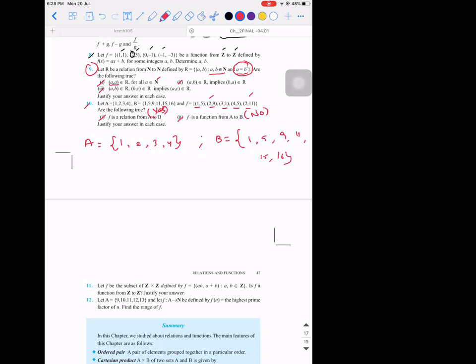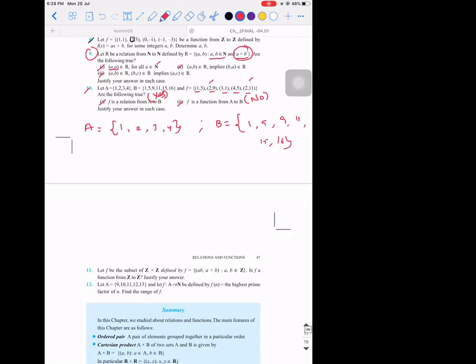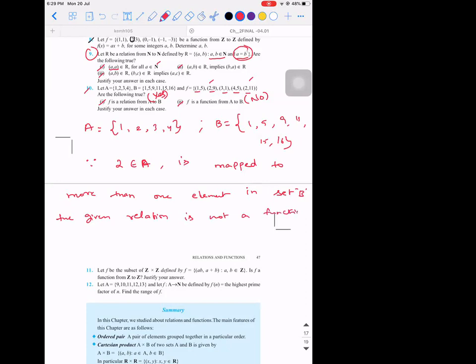So how you have to write in the exam is, since 2 which belongs to the set A is mapped to more than one element in set B, the given relation is not a function. Okay, got it? So this is how you need to write.